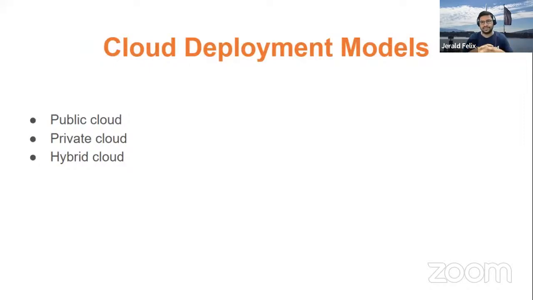When it comes to public cloud, they have a various number of services like compute, storage, networking, AI, ML, and a lot more, and we can use them at a very low price. A good example for public cloud is Microsoft Azure.